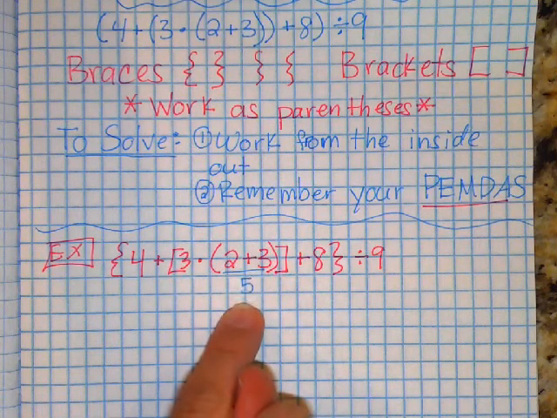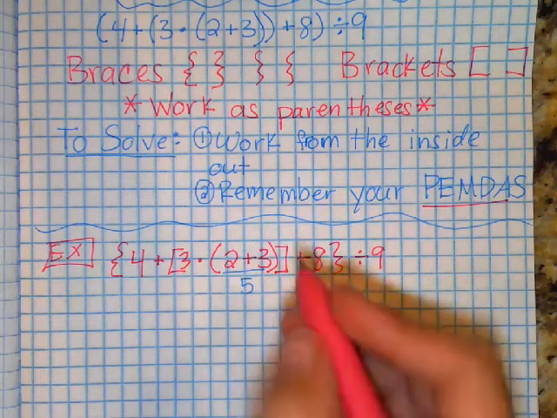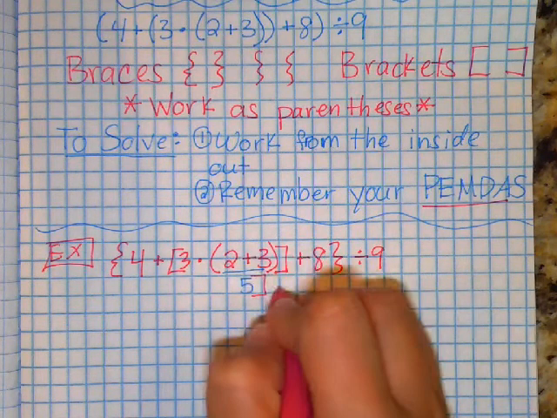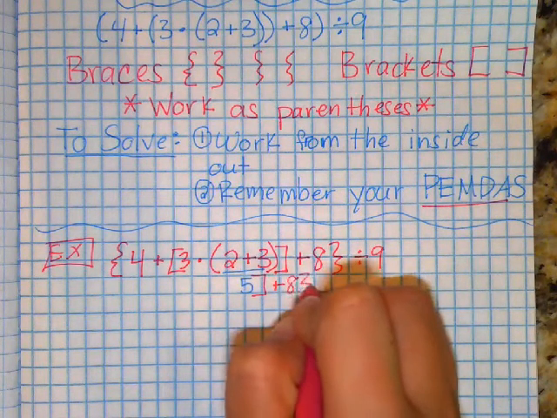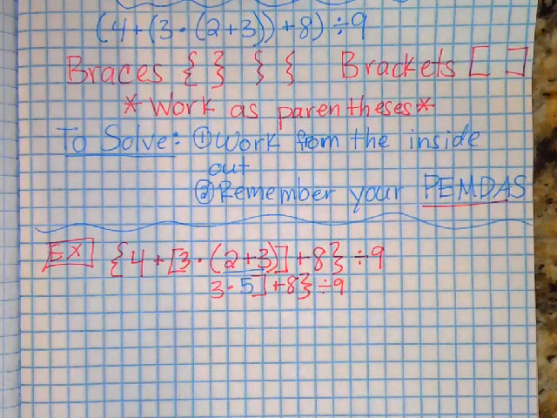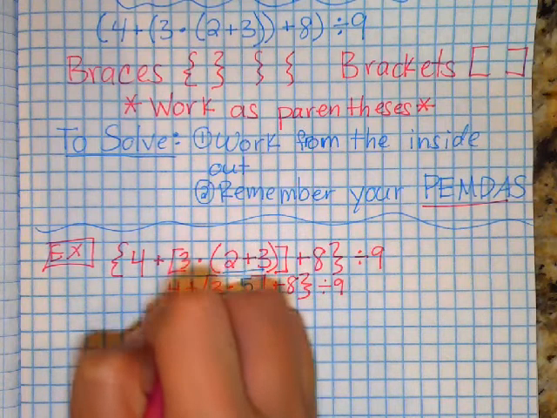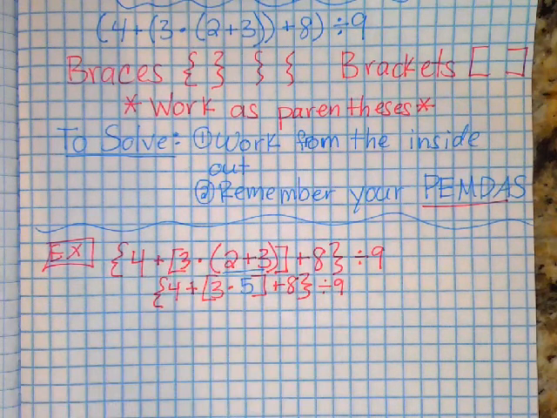But I'm not going to do 2 plus 3 because I already solved it. I don't need to write my parentheses because I eliminated what was inside. But I need my bracket plus 8 braces divided by 9. And I'm going to go the other direction. Times 3 bracket plus 4 braces.